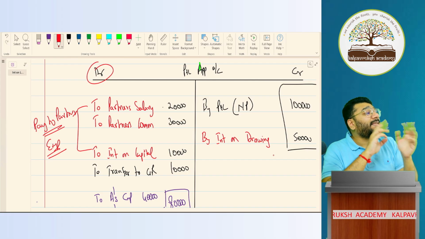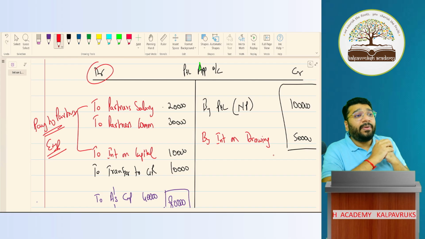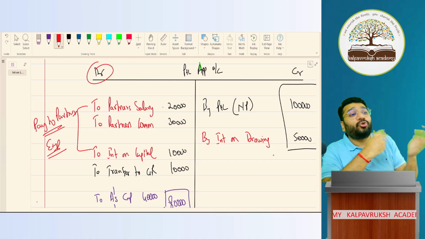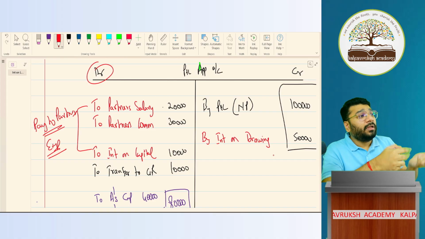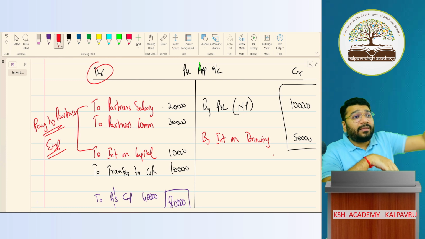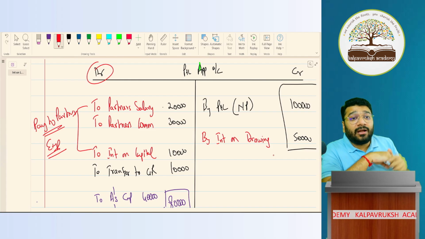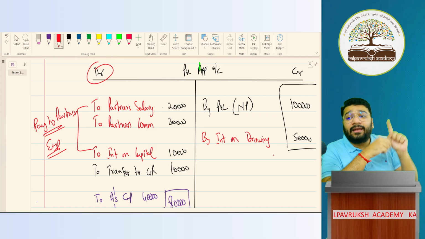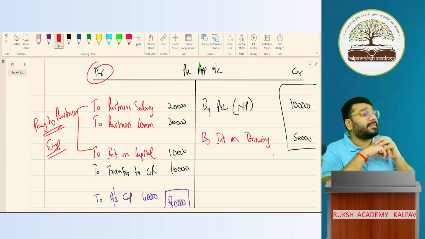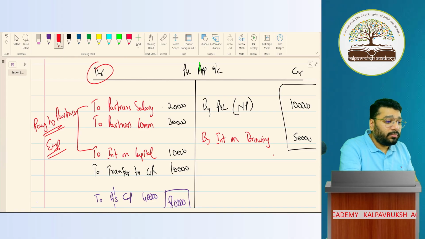If the partners' names are X and Y, then X's capital, Y's capital. If the partners are Ram and Sham, then Ram's capital, Sham's capital. Got it, not got it? Only two partners will come? No, the question will tell you how many partners there are. If there are three partners, three names will come; if four partners, A, B, C, D will come. If three partners, Ram, Sham, Ghansham, all three names will come. Okay, not okay?